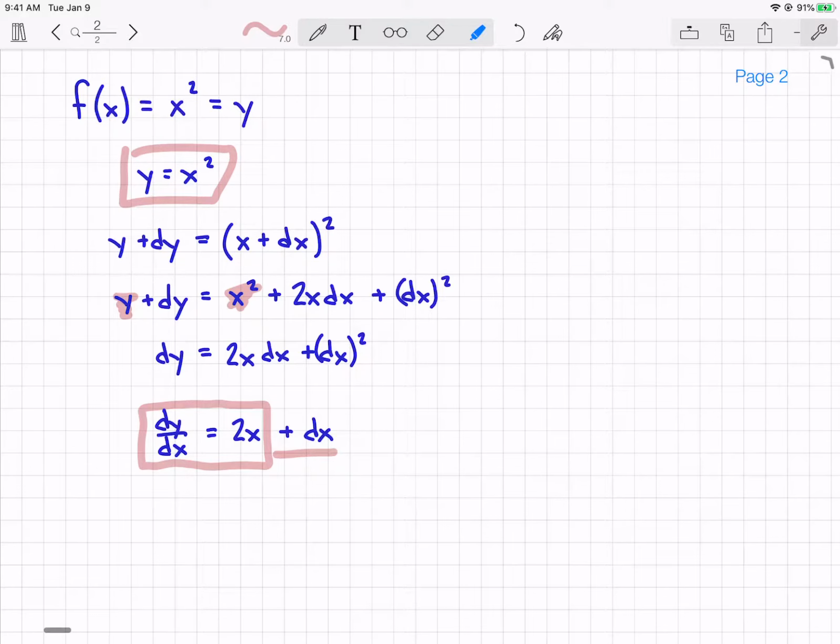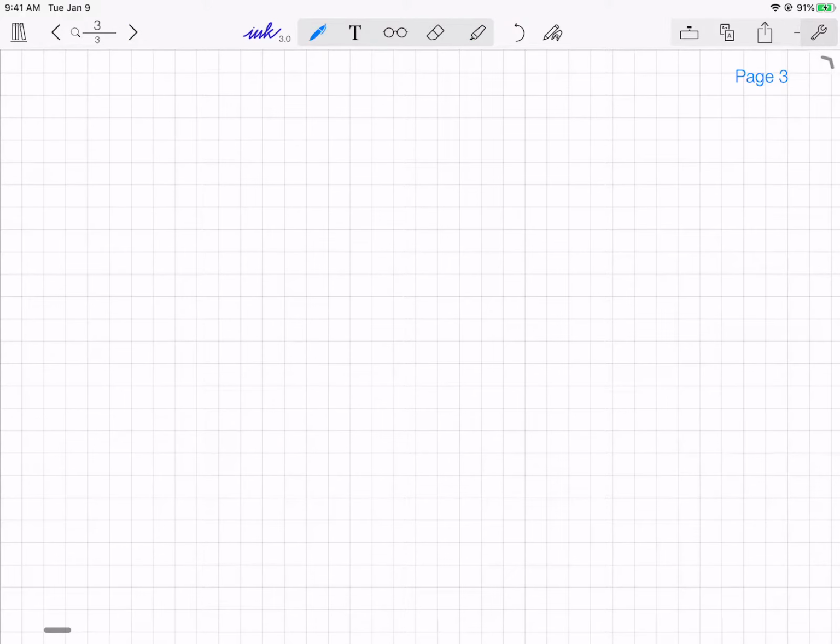Another way you can do that is anytime you see this dx being squared, you can eliminate it from your problem. Let's take a look at another example, because really this is just fun arithmetic, and it's not practical when you get to some more challenging problems.